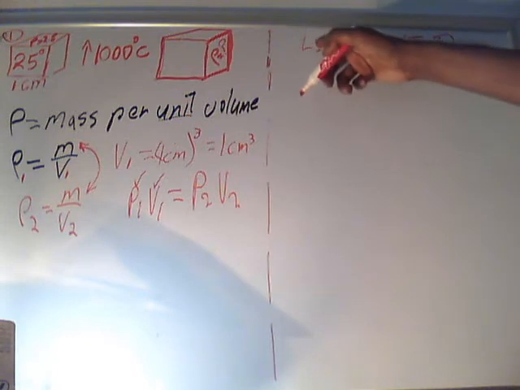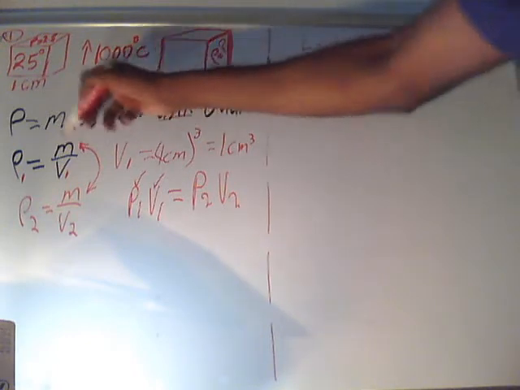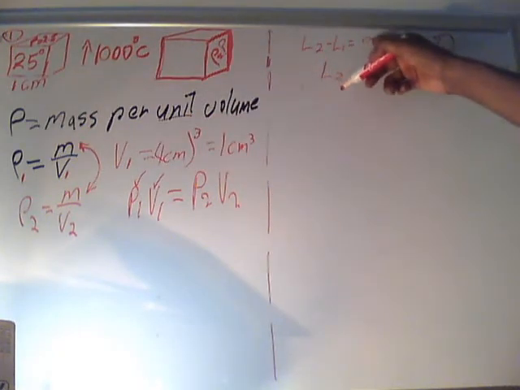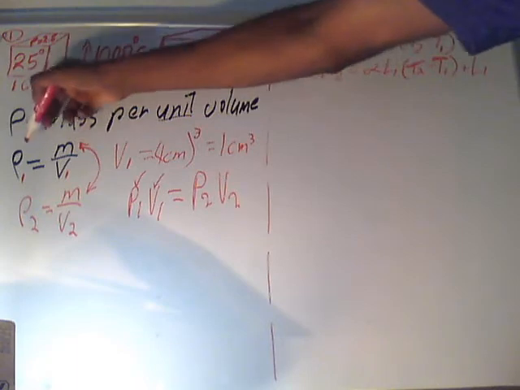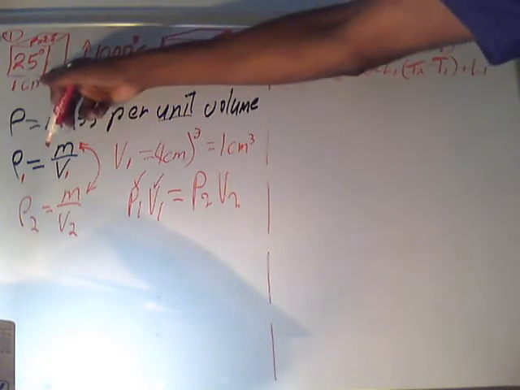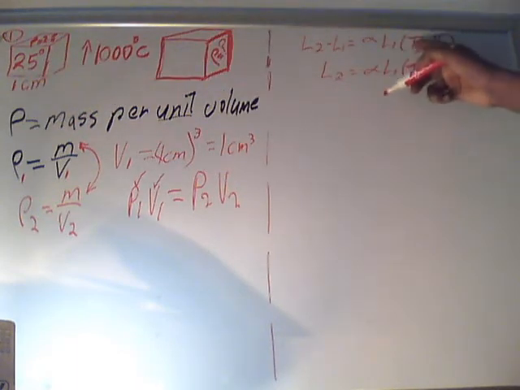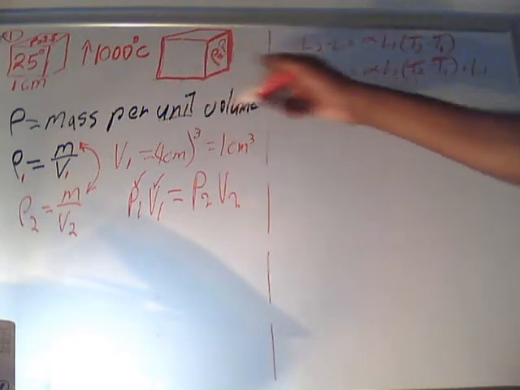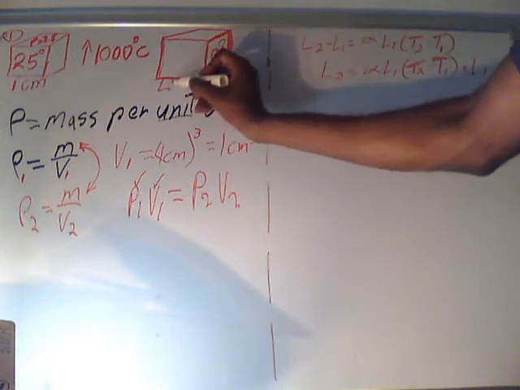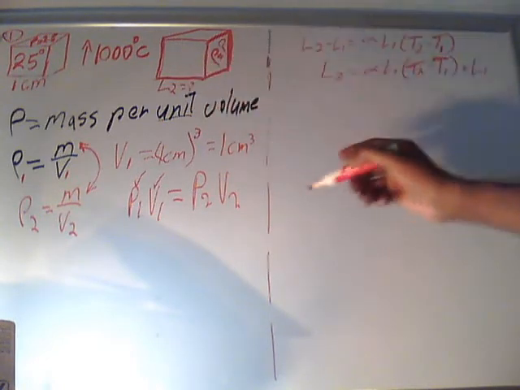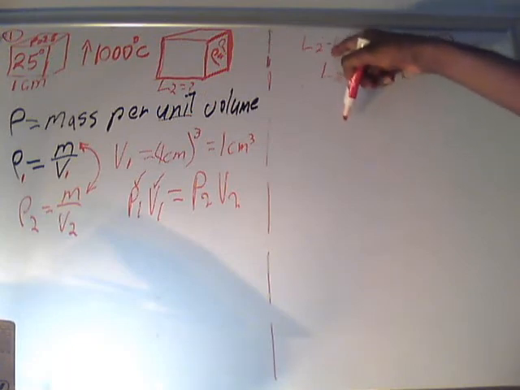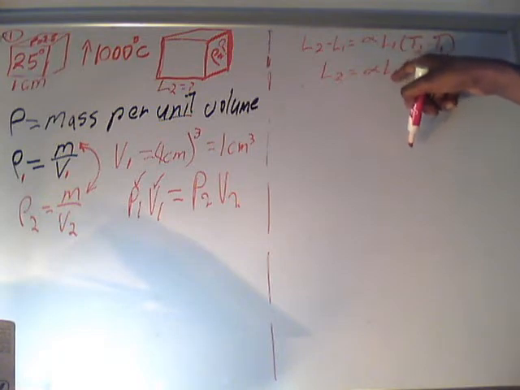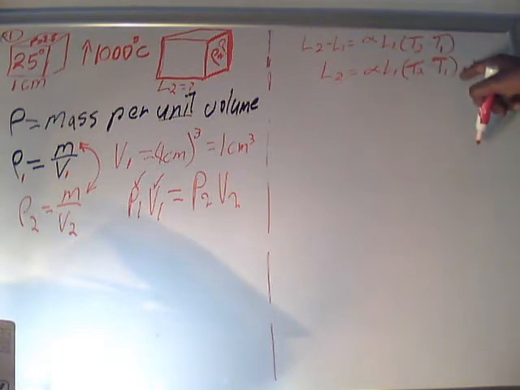That formula is L2 minus L1 equals the coefficient of thermal expansion times L1, the original length, which we assumed was 1 centimeter, times the change in temperature. If we rewrite this equation, moving L1 over, we get L2 is equal to the coefficient of thermal expansion times L1 times the change in temperature, plus L1.